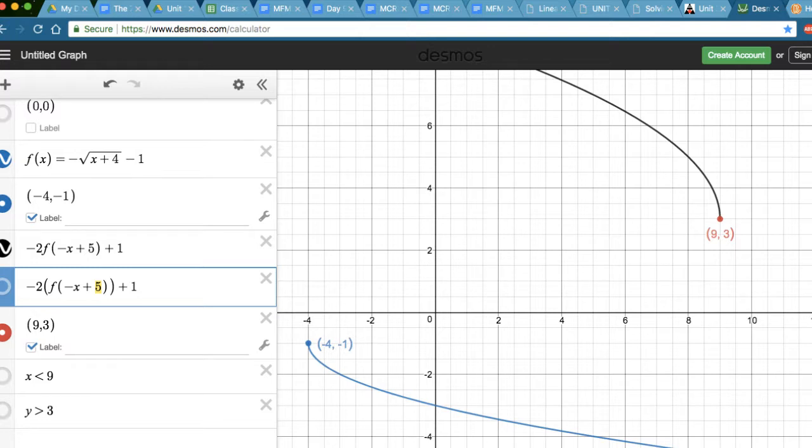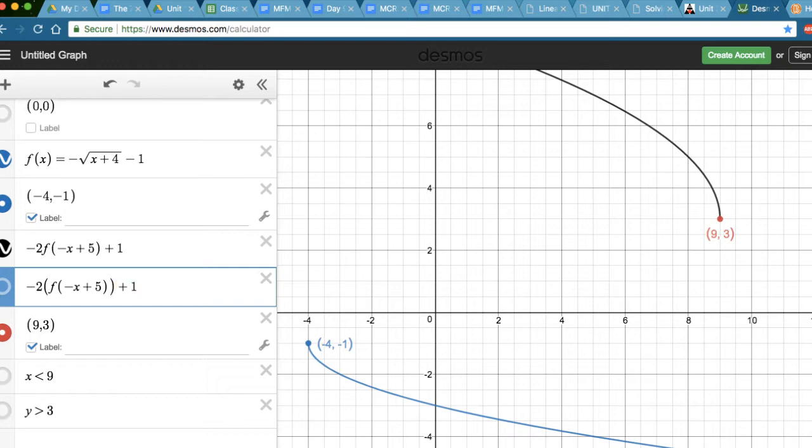Positive 4 plus 5 is positive 9, right? And then vertically, we multiplied by -2. So -1 times -2 is positive 2. So we had a positive 2 over here. And then finally, we added on 1 at the end. So positive 2 plus 1 is positive 3.